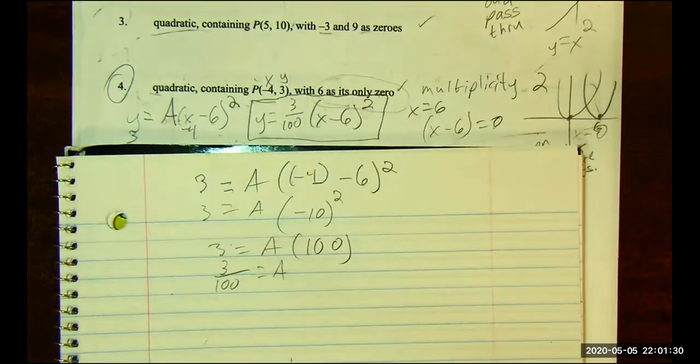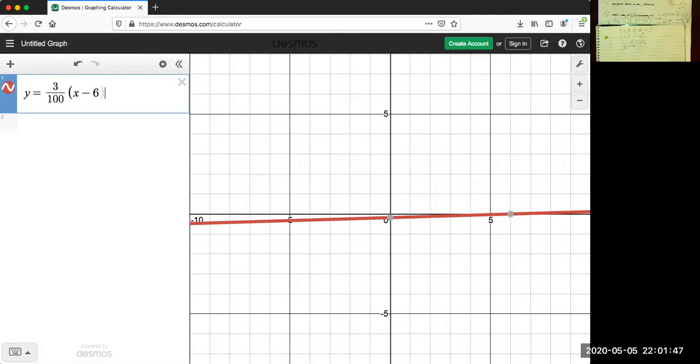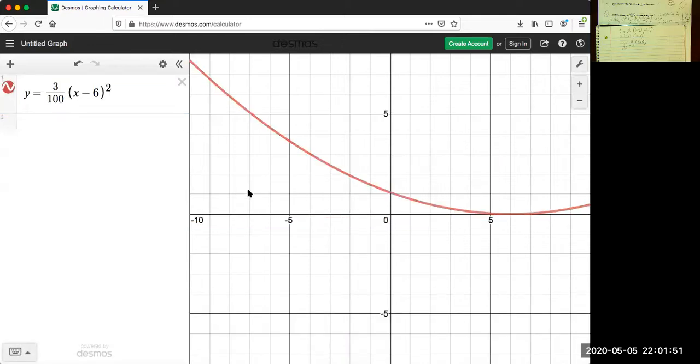Let's go to Desmos graphing calculator to verify this. Okay, so let's type in y equals 3 divided by 100, x minus 6 squared. And let's look for that coordinate, -4, 3.